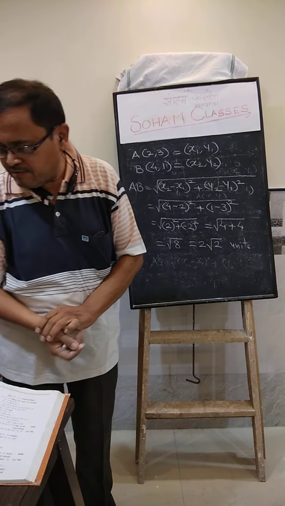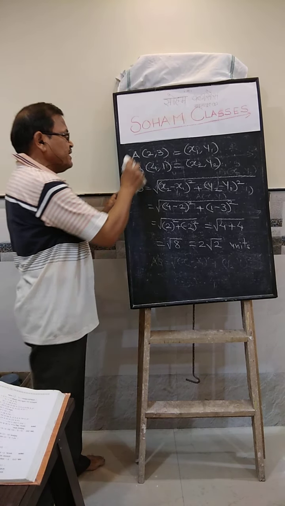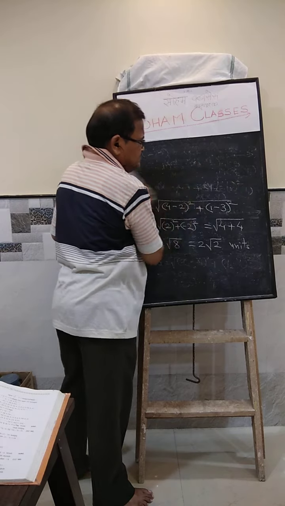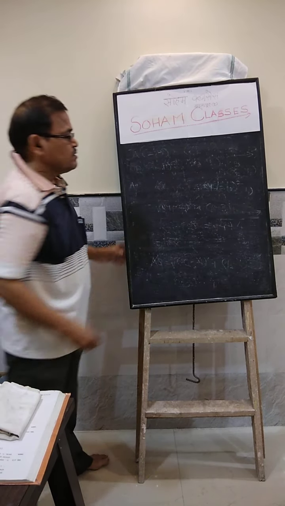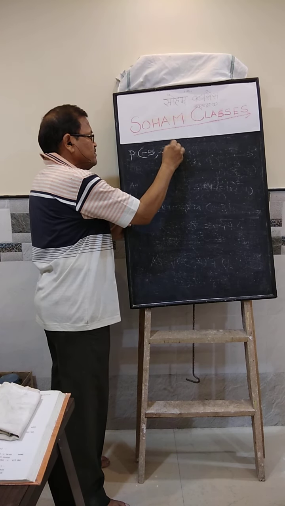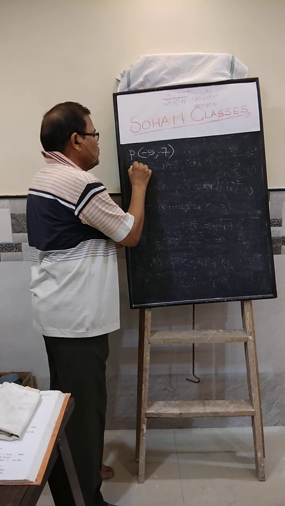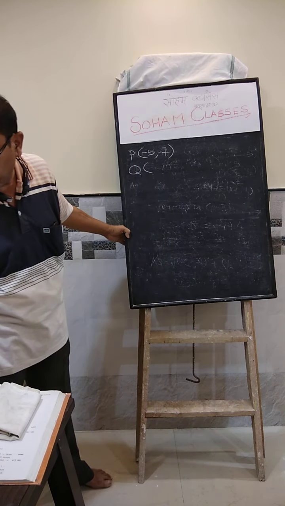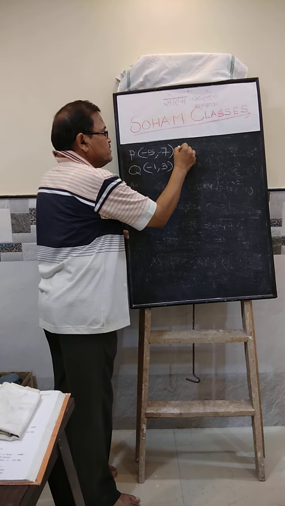In the second one, point P has coordinates minus 5, 7 and point Q has coordinates minus 1, 3.